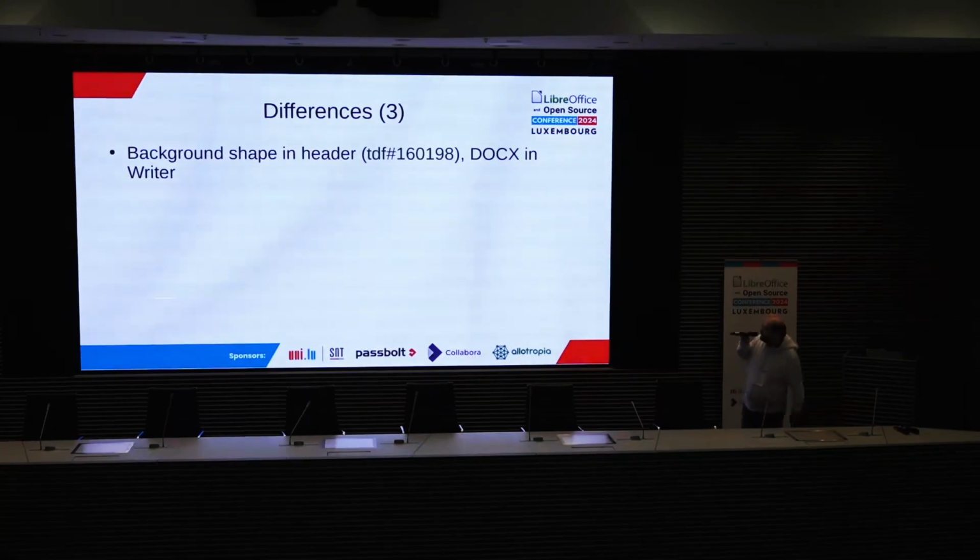But believe me, after the fix of that bug number, the docx looks in Writer exactly as it looks in Word. So the lesson from this is that changing how the layout is handled is definitely possible, at least in Writer.